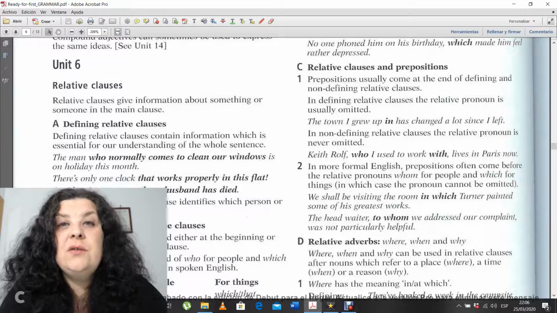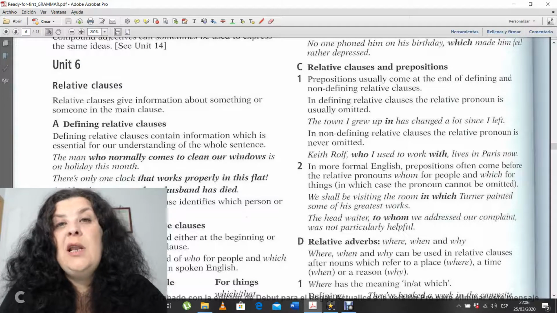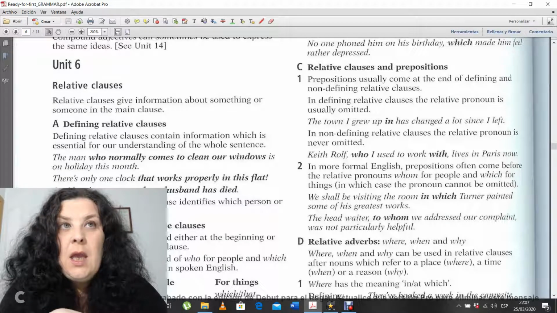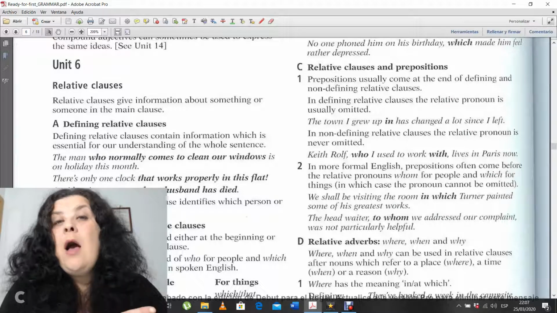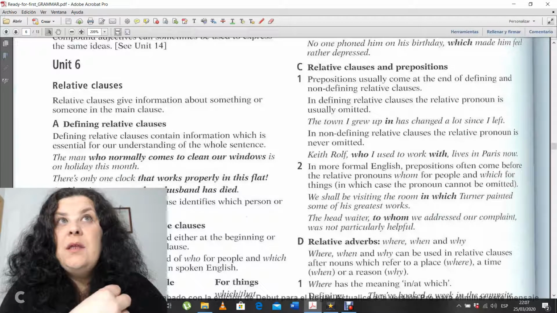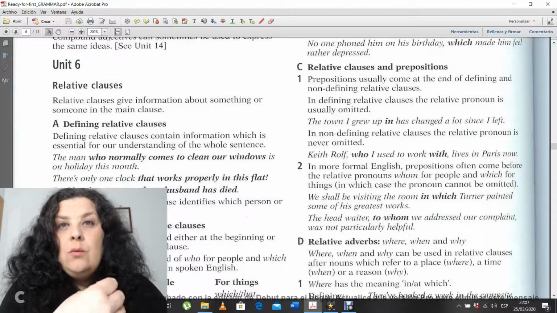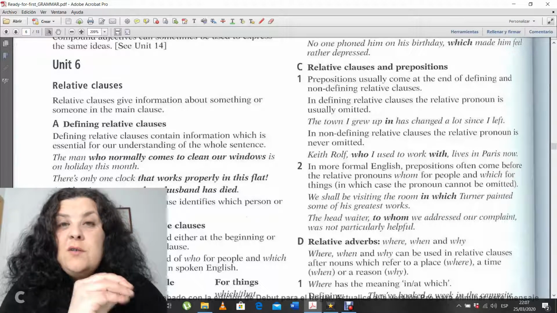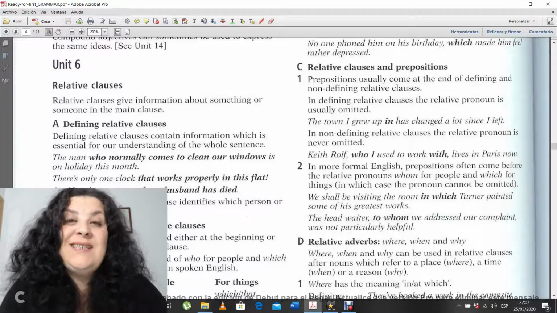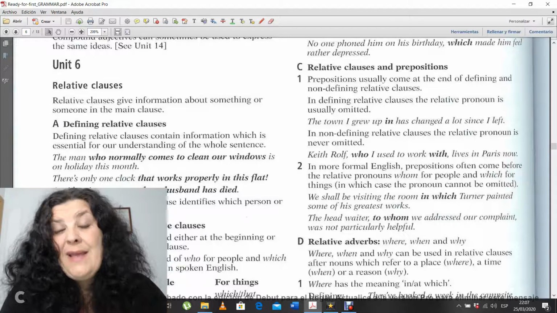On the other hand, if I say to you, John, who is a doctor, lives next door, is different because the relative clause is who lives next door. But if I take it out, I'm still left with John is a doctor. So I still know the person I'm talking about. And those ones are called non-defining relative clauses because they don't define the meaning of the main sentence.